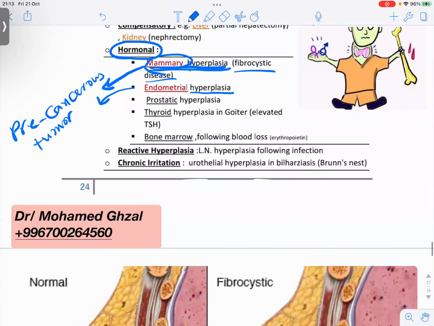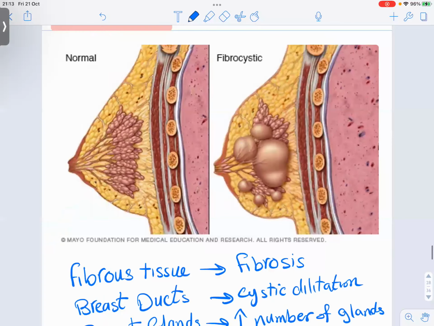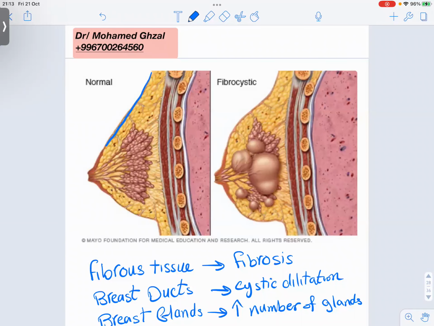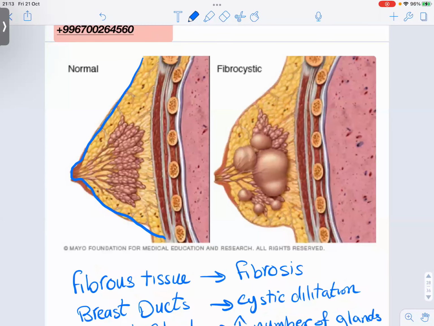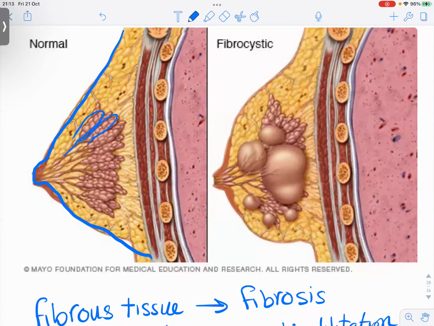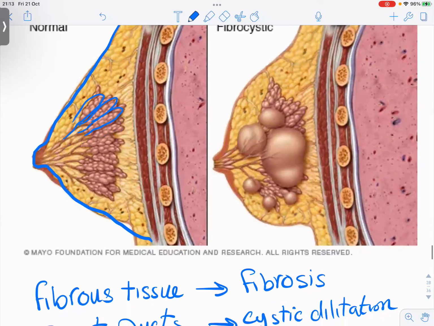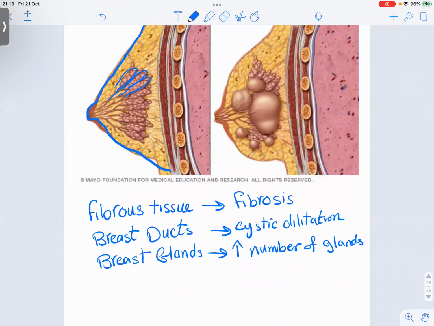Why do we call it fibrocystic disease? Here is the normal breast. And here we have normal ducts. What is the effect of estrogen on ducts? Estrogen has three effects on ducts inside the breast.